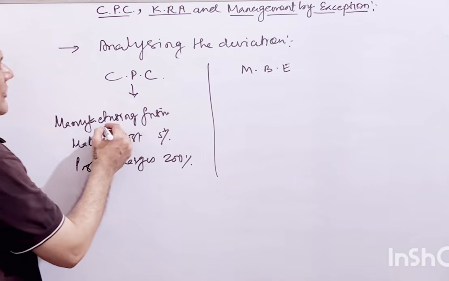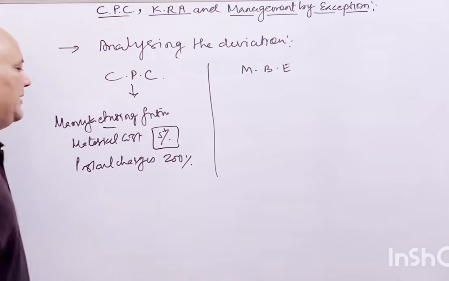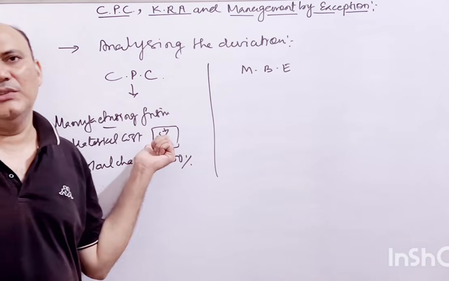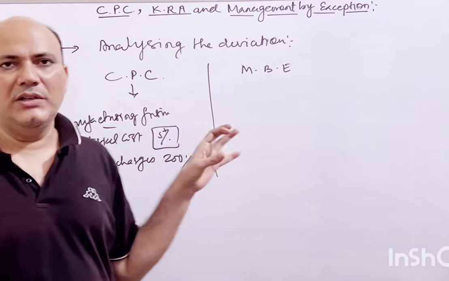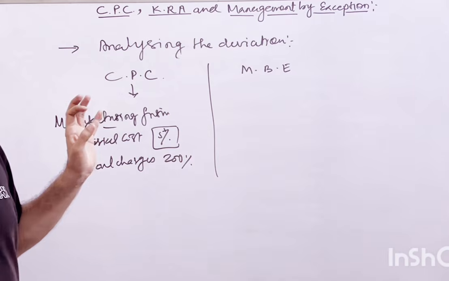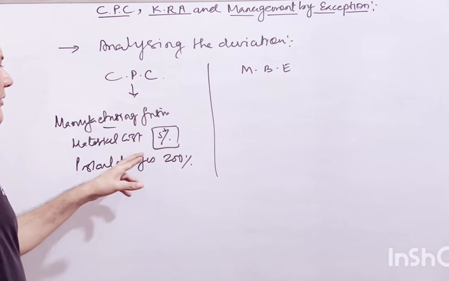Obviously, being a manufacturing firm, they will take care of the material cost because that is substantial for them and that will hamper their cost and obviously their margin as well, right? Their revenue and their profit.